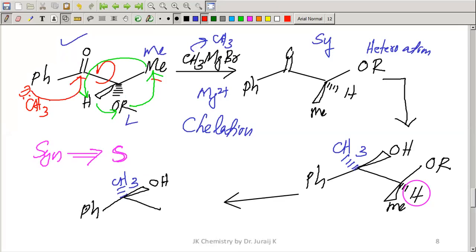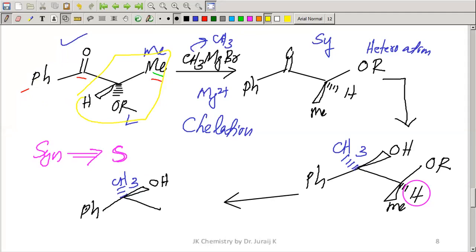Now I want to keep this portion the same. Here it is different, right? Here Me is in wedge, here H is dash, or in the plane of paper. But I want to convert it back, that is, I want to make OR in dash.